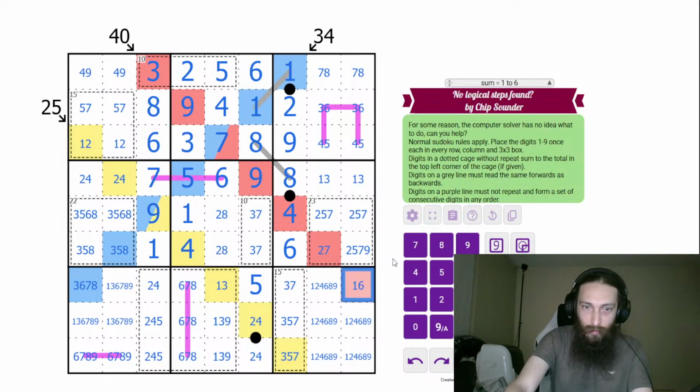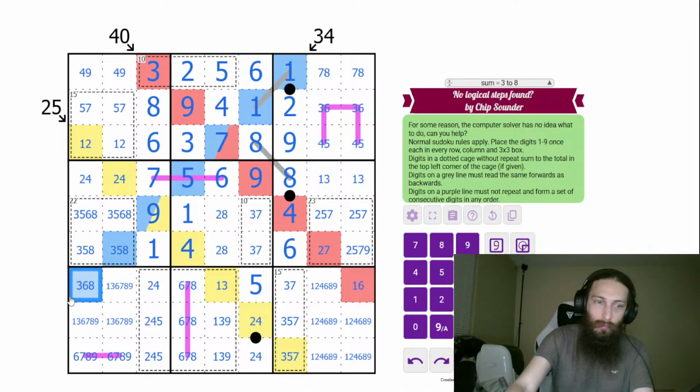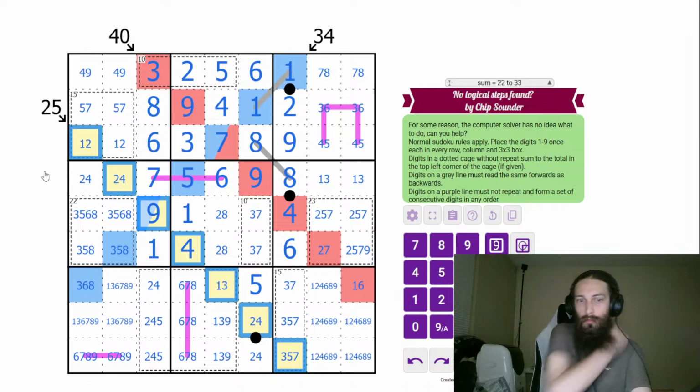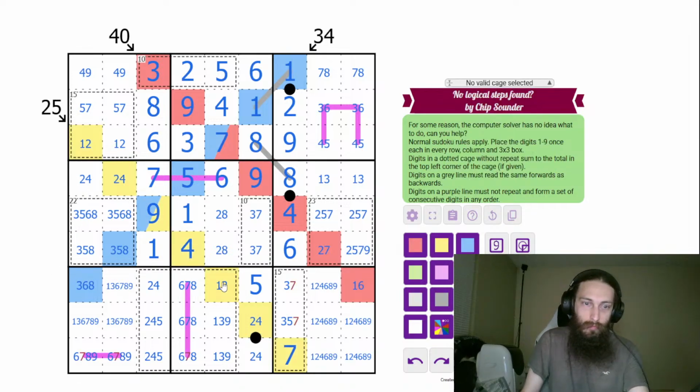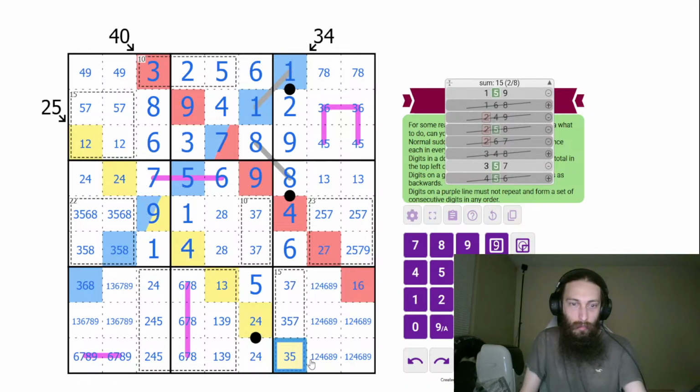Paired with 3, 2 paired with 6. And then the 34 little killer. I'm at 23, so these two need to be 11. 7 will pair with 4. Minimum is 22. So if this was a 7, we would get 26 as the minimum. So 7's not allowed here.